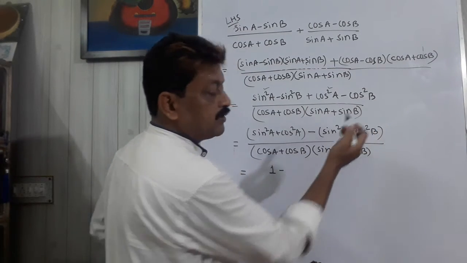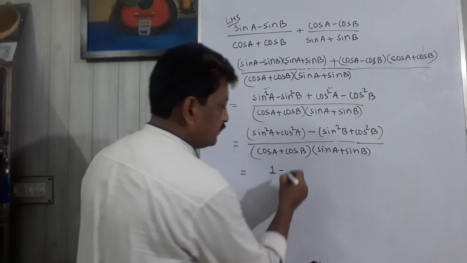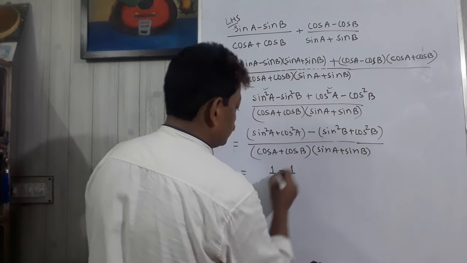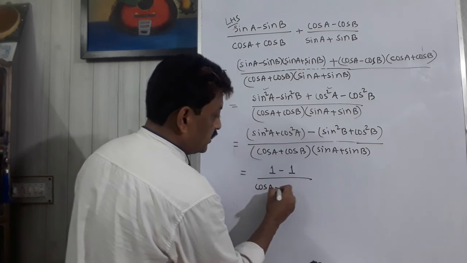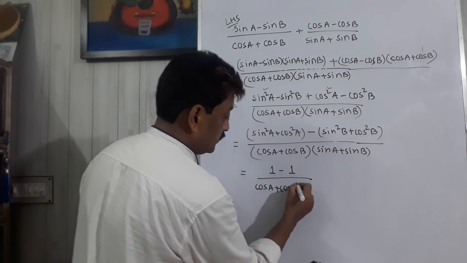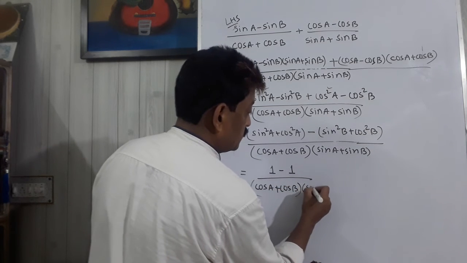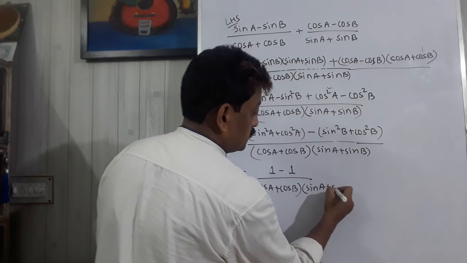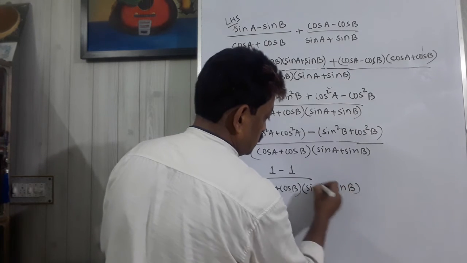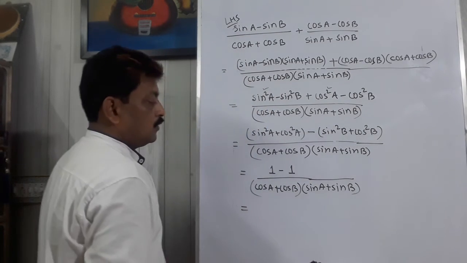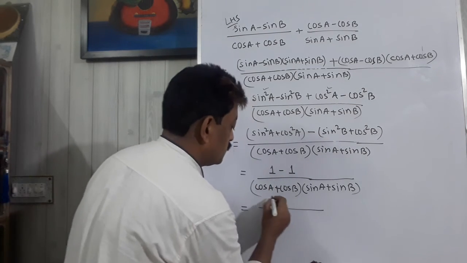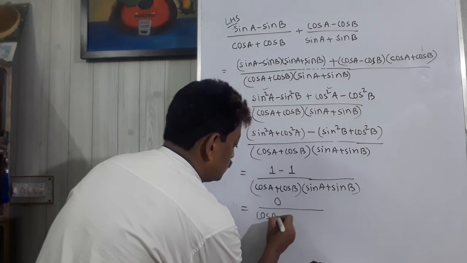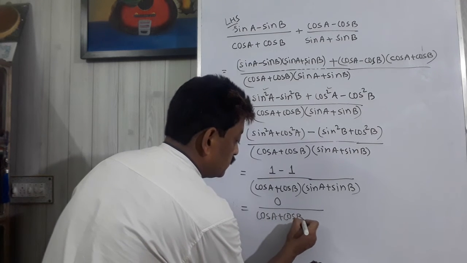And sin square B plus cos square B is also 1. These are identities. And in the denominator, no change. So 1 minus 1 is 0.